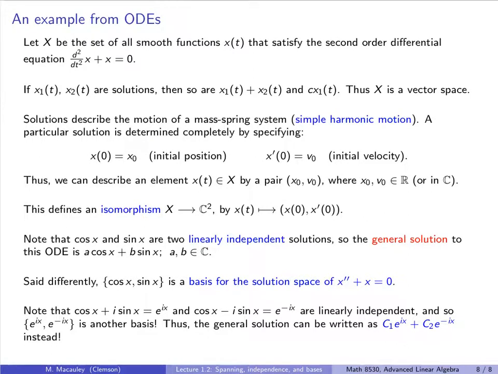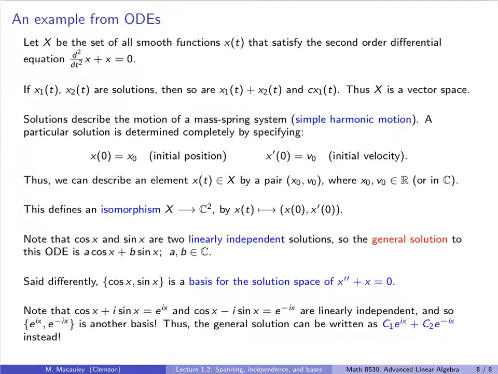Now, it's not the only basis, of course. If you take cosine of x plus i sine of x, you get e to the ix from Euler's formula. And cosine of x minus i sine of x is e to the minus ix. So these are linearly independent functions because there's only two of them and they are not scalar multiples of each other.